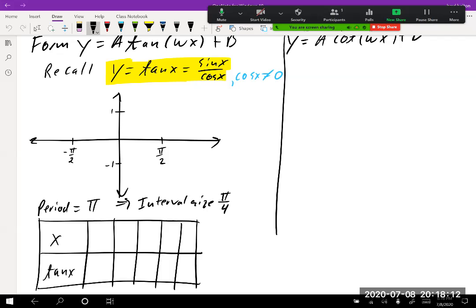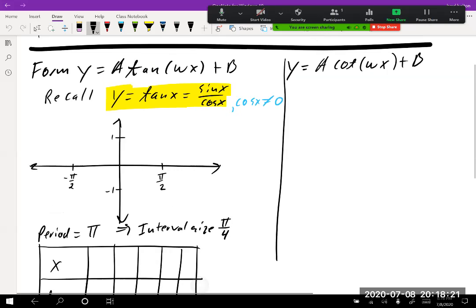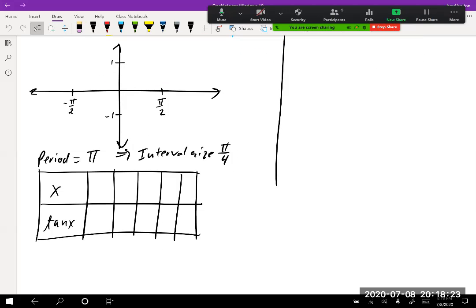So you take pi, which is the period, and divide it by 4, so you get pi fourths. Now we're going to start at negative pi halves this time, and work our way to pi halves. So that means we're going to have negative pi halves, negative pi fourths, 0, pi fourths, pi halves.